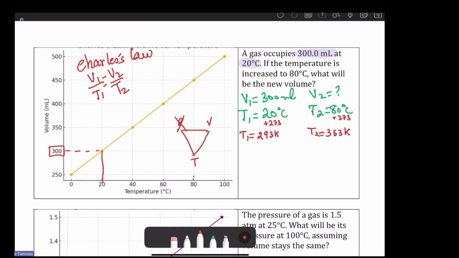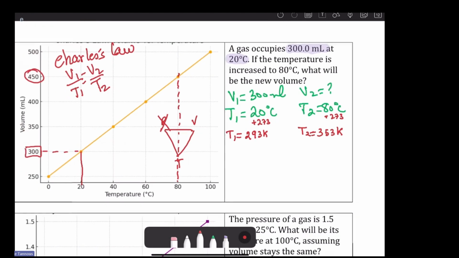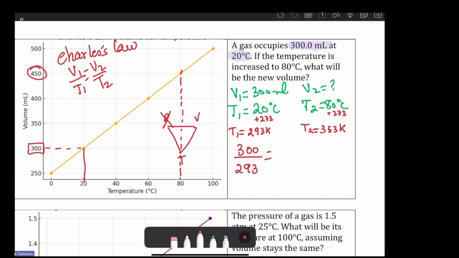At 80 degrees Celsius, the volume is going to be 450. Or I can put it in the formula, 300 over 293 equal V2 over 353. Solving this, we get the volume as needed.